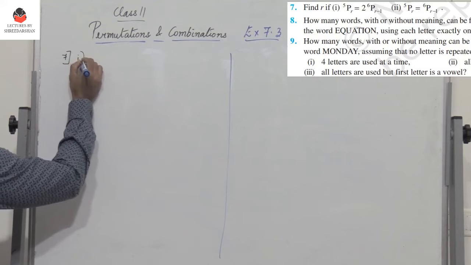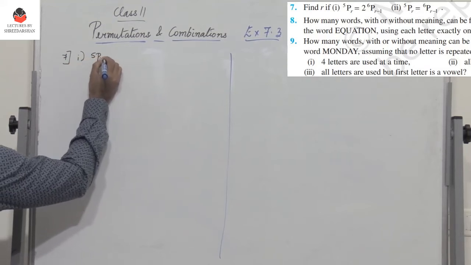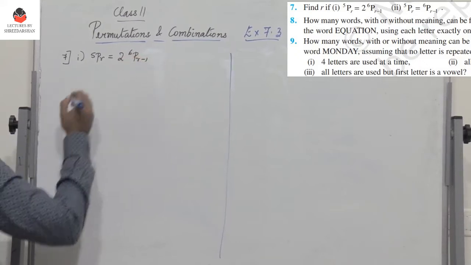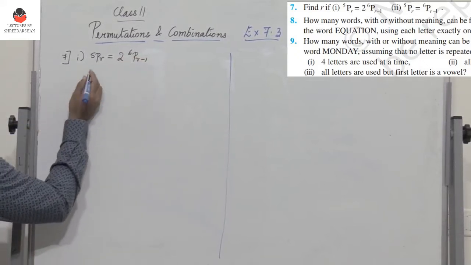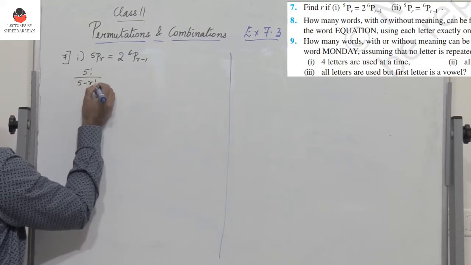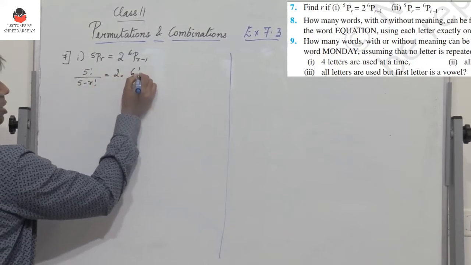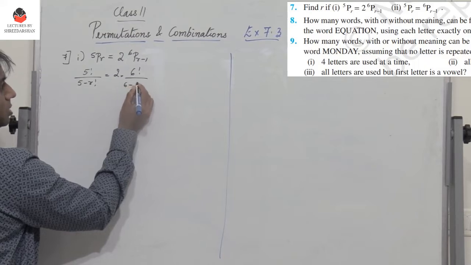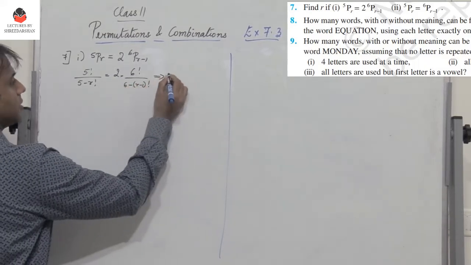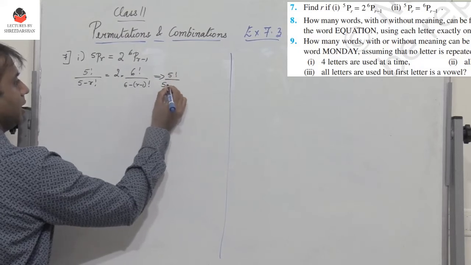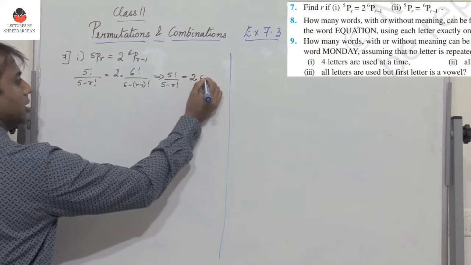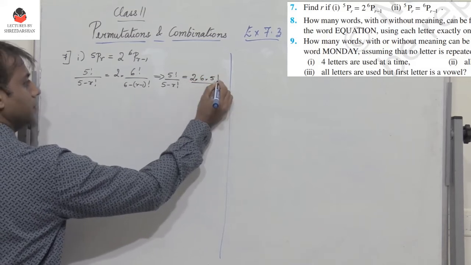Problem 7. Find r if first, 5Pr equals 2 into 6P(r minus 1). So let's use the factorial formula. Factorial 5 divided by 5 minus r factorial equals 2 into 6 factorial divided by 6 minus of r minus 1 factorial. So 5 factorial divided by 5 minus r factorial equals 2 into 6 factorial, which can be written as 6 into 5 factorial.